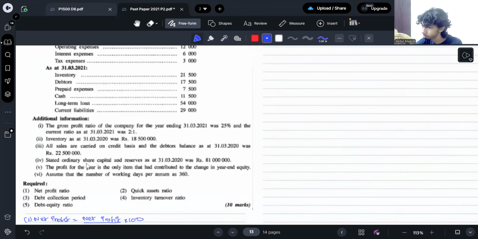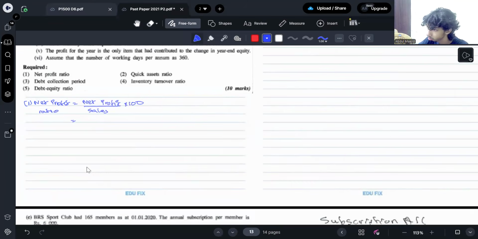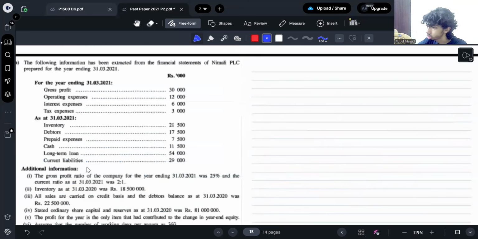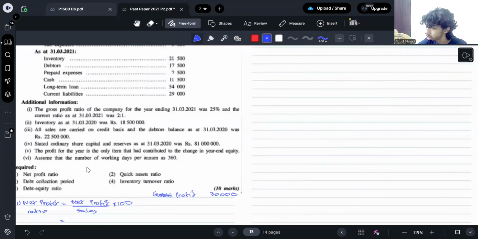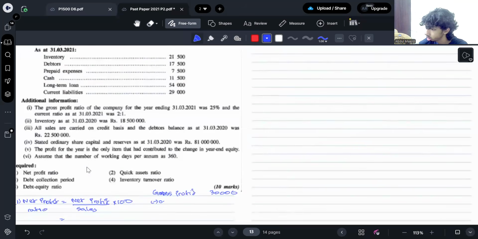Now here you need to find a net profit. Here you have gross profit. We'll do a working. Gross profit is given as 30,000. From the gross profit, you have to deduct operating expense.